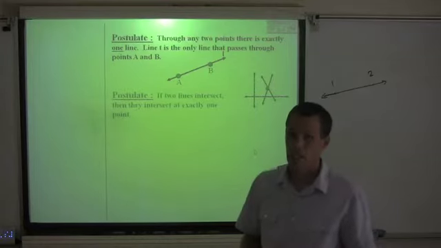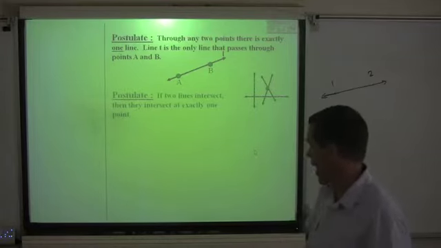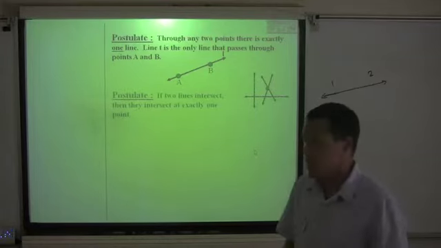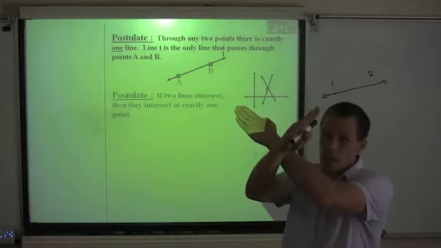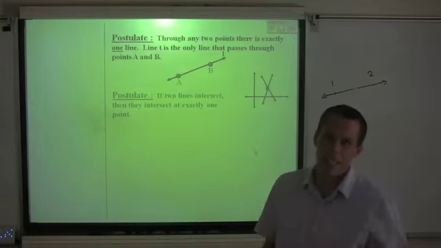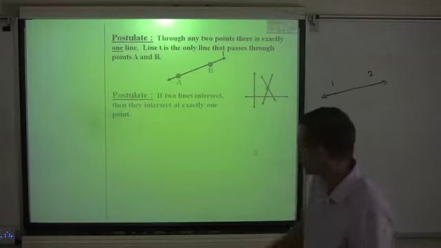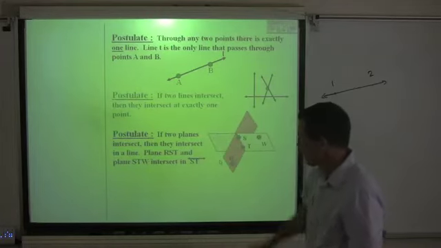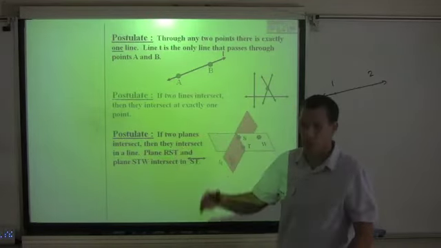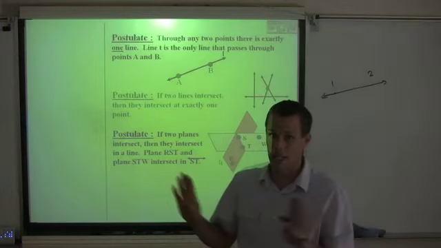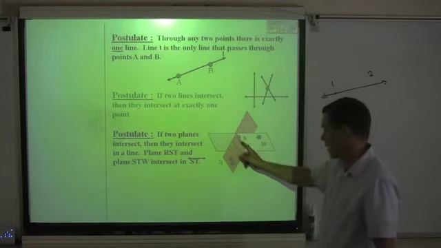Second, if 2 lines happen to intersect, then they intersect at exactly 1 point. This does not say all lines intersect. It says if they do, they will never come back and hit each other again. Number 3, if 2 planes intersect, so if the planes come together, they will always form a line.